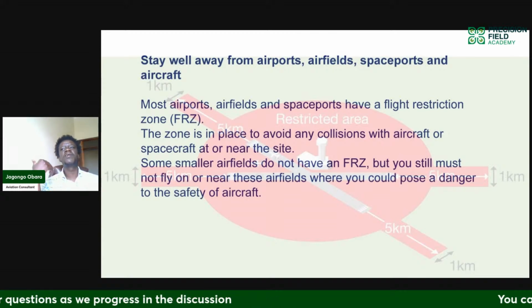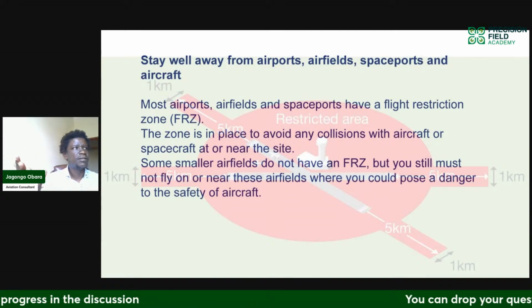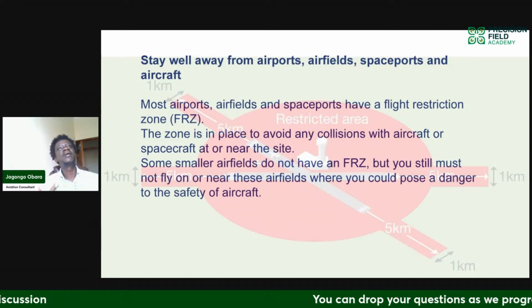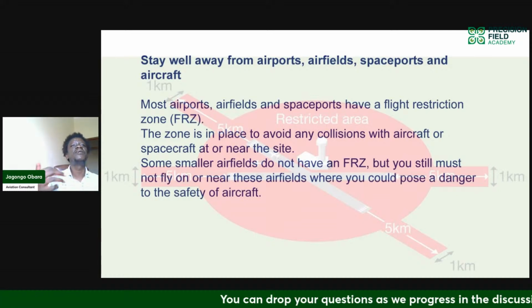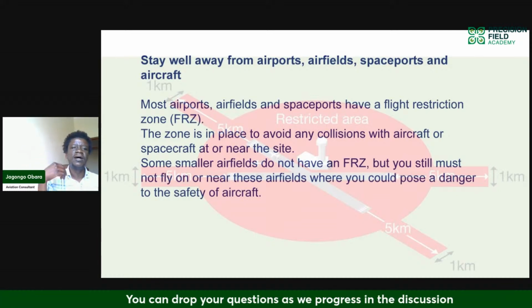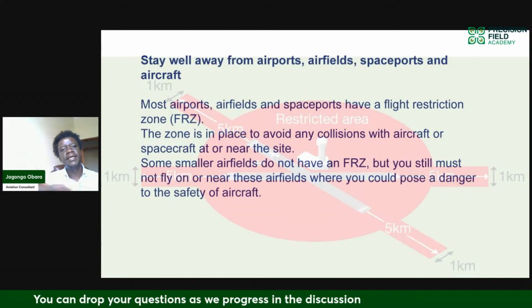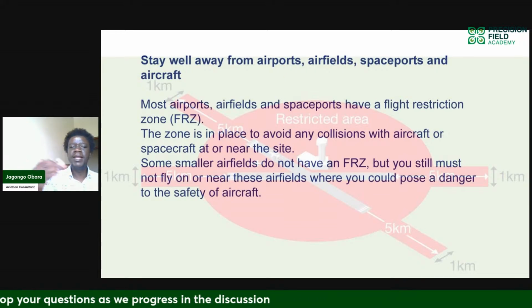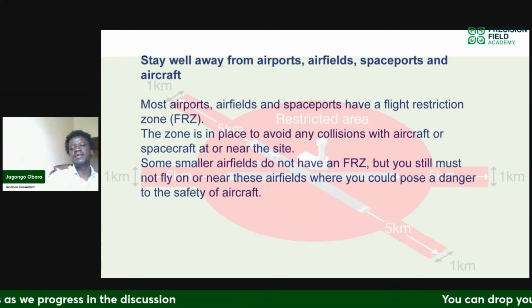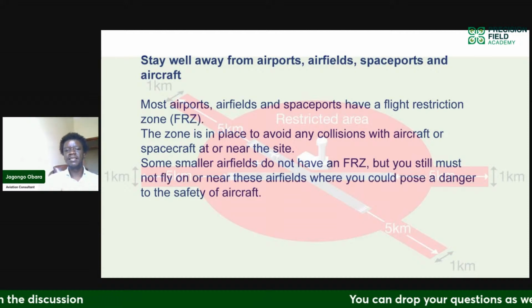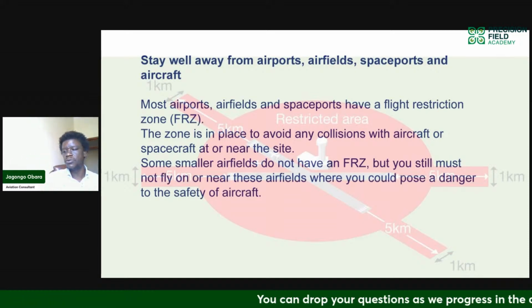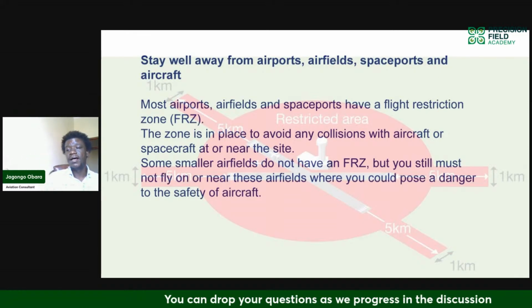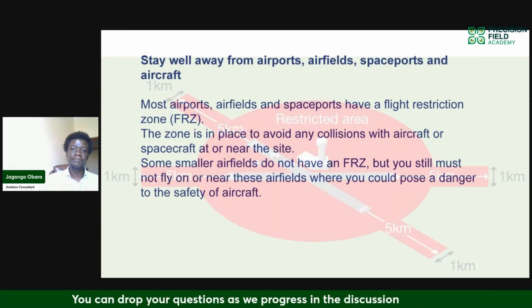We do not want to fly in the vicinity of the governor's office. We do not want to fly in the vicinity of a prison complex or a police station, or a military barracks. These are certain areas that have been demarcated for security reasons and also for safety reasons.